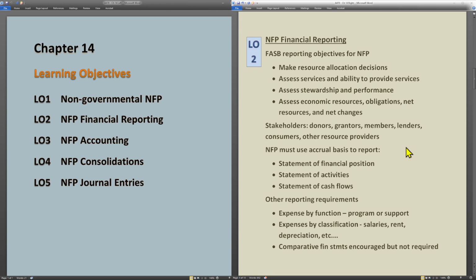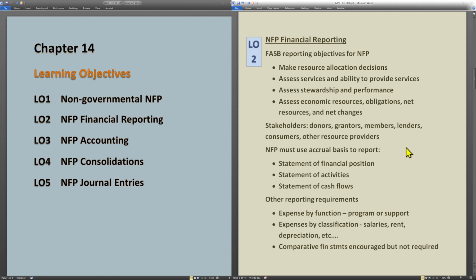Other reporting requirements, and we'll actually see this a number of different times: we have to report by function. This means that as we are receiving donations and funds, and as we're spending them on things, we're going to divide them up into two basic categories. We're going to look at the same information sort of twice.